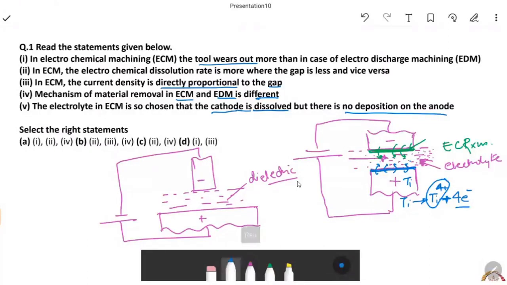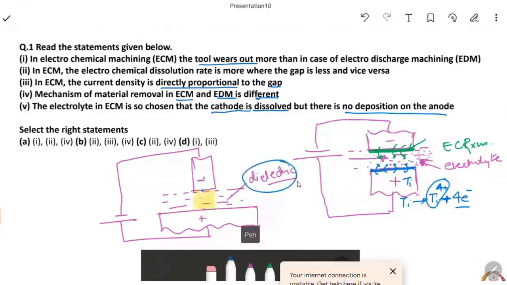Beyond that, if the voltage between these two electrodes is increased, these dielectric molecules get ionized, and we get a column of ions here, which is also known as plasma. And this is not a constant DC voltage. Rather, we give it as a pulsed DC voltage.